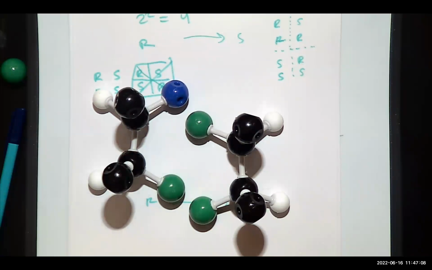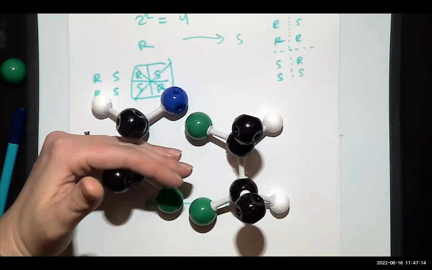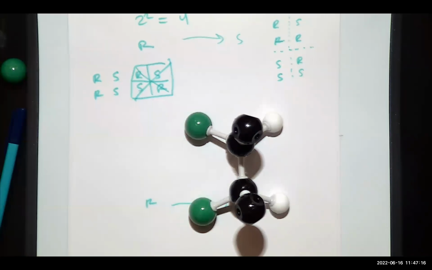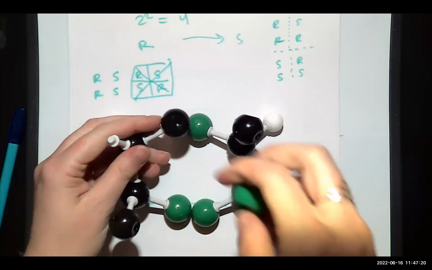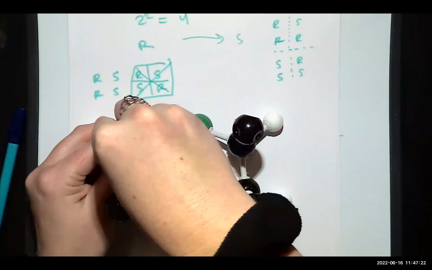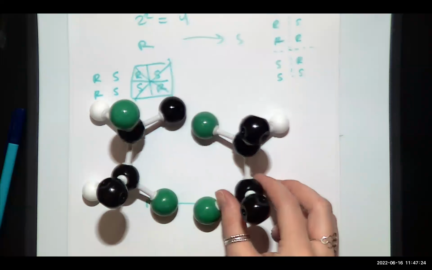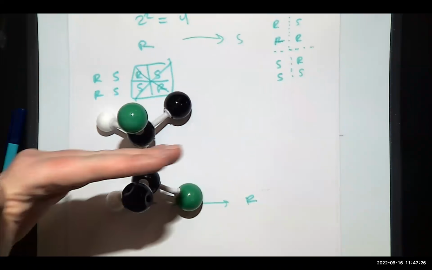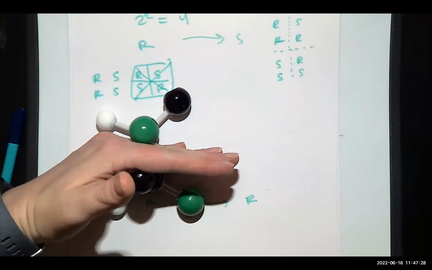So that's the first thing I look for. I look for two chiral centers, and then I make sure both chiral centers have the same things attached to them. And then I try to find a plane of symmetry. Because if there's not a plane of symmetry, even though this molecule has the same three things attached, there's no plane of symmetry here, right?